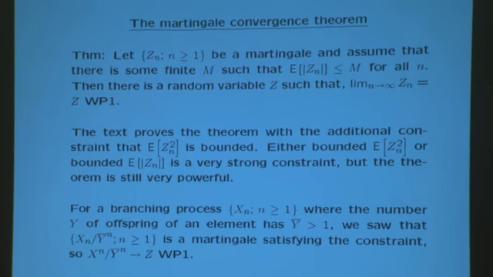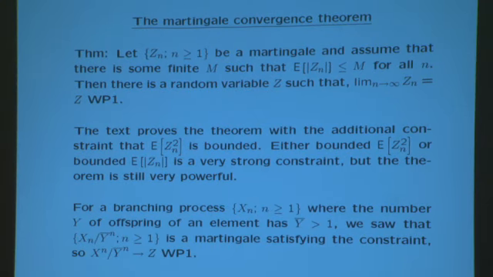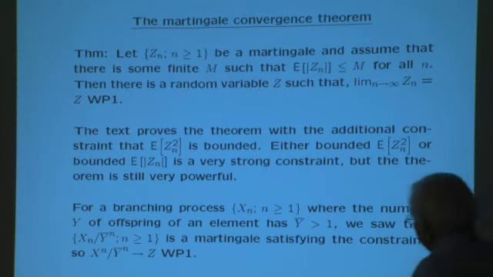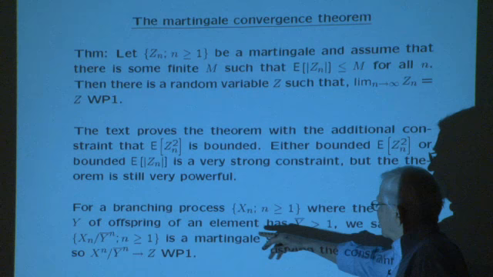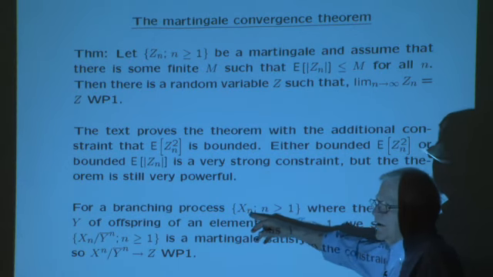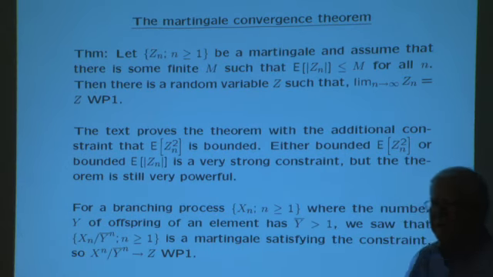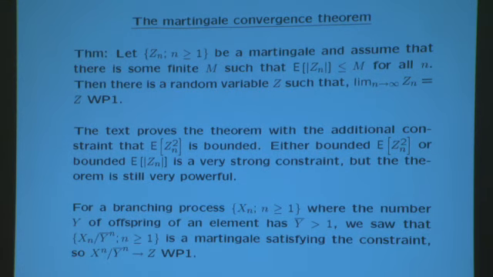Okay, we talked about branching processes, about the remarkable things about them. This theorem applies directly to these branching processes. A branching process, you remember, the number of elements or organisms or whatever at time n is the number of offspring of the set of elements at time n minus 1.